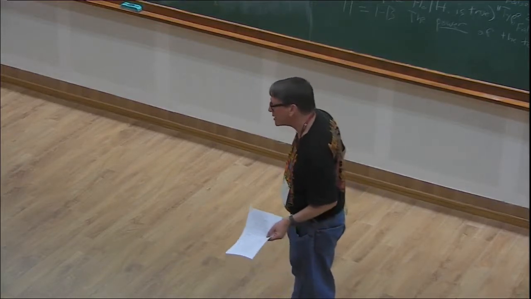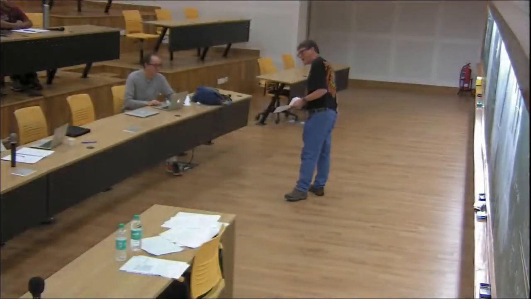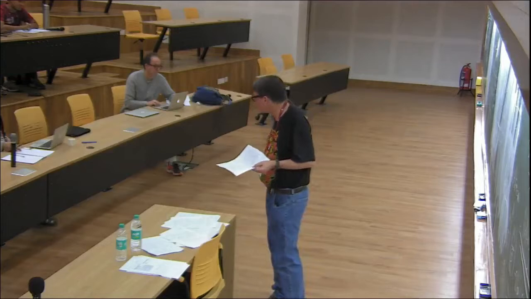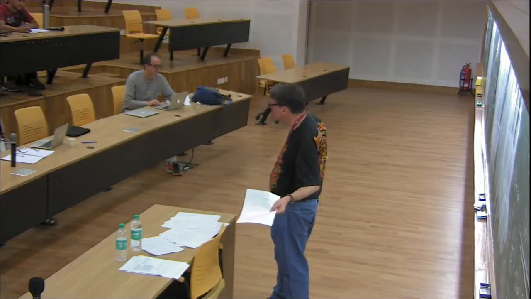Okay? And similarly, since the alarm went off, I'm going to say about 3 or 4 sentences about confidence intervals. Check the notes. It has very simple proofs of these assertions.